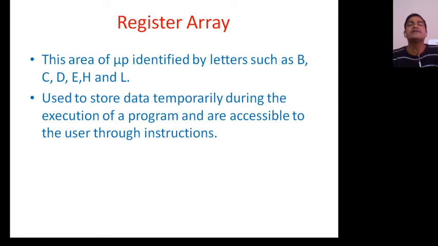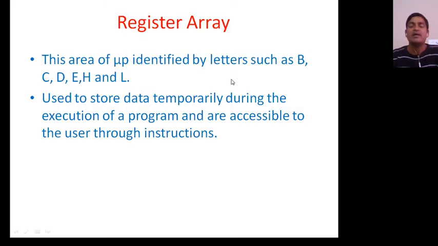Next, the register array. You know what is the function of a register? Registers are used to store temporary data during execution of a program. Okay, and in the microprocessor, they are identified by letters such as B, C, D, E, H, L. These are the different registers in 8085.